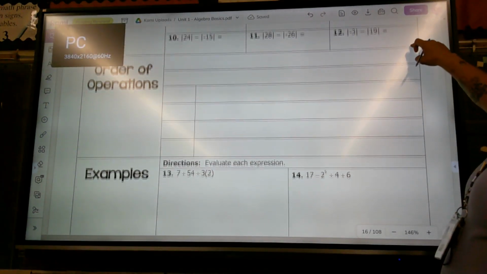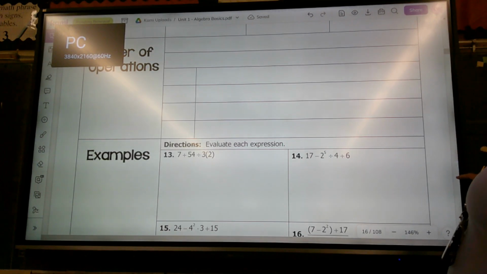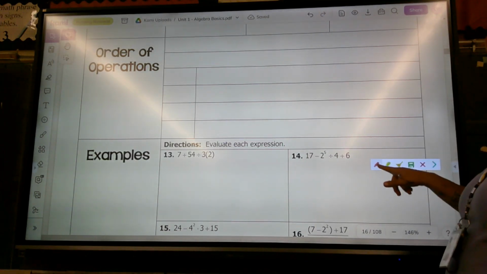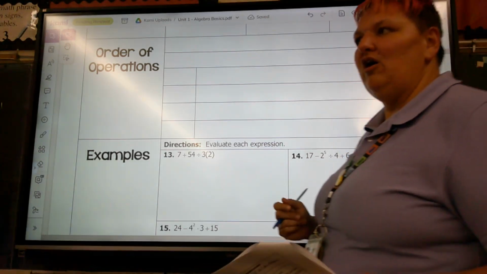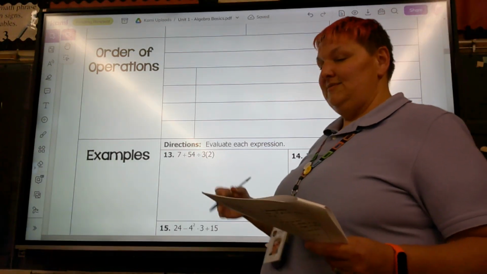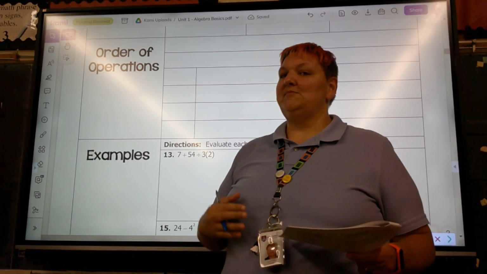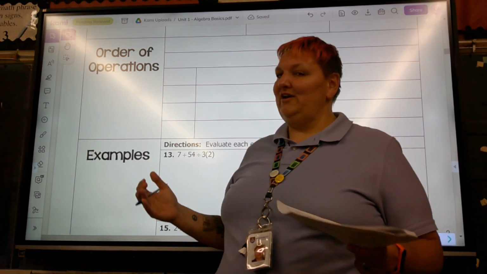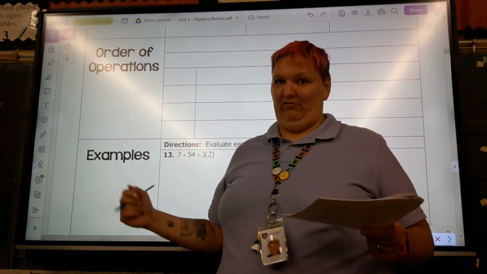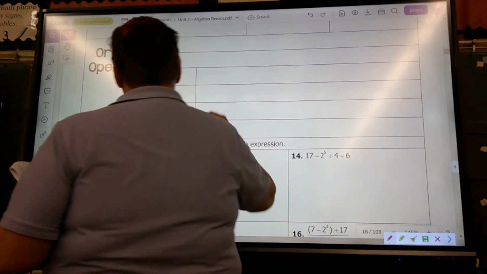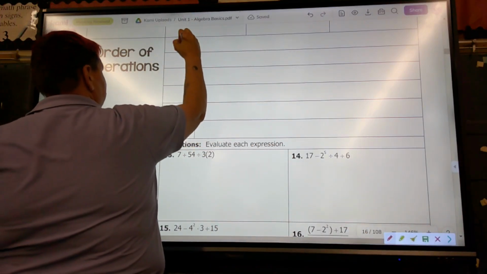All right, next up is order of operations, which is great because several of you have already asked me for a tutorial on PEMDAS. And not only am I going to give you a tutorial on PEMDAS, but I'm going to remind you how it's not quite right, and we're going to make it right. Okay. Order of operations.